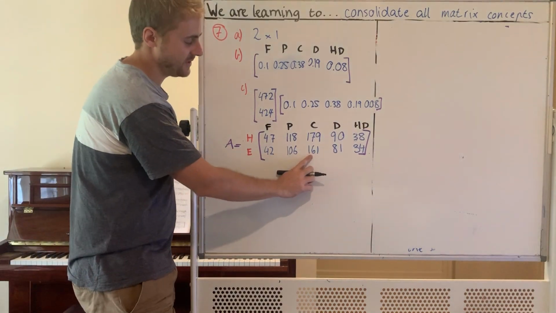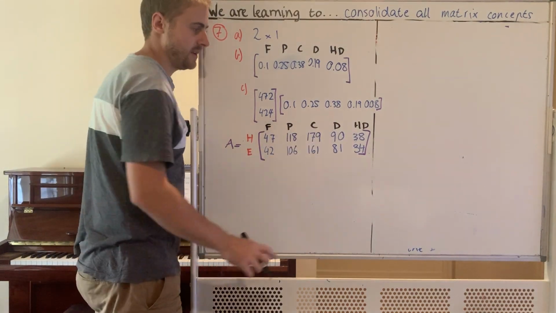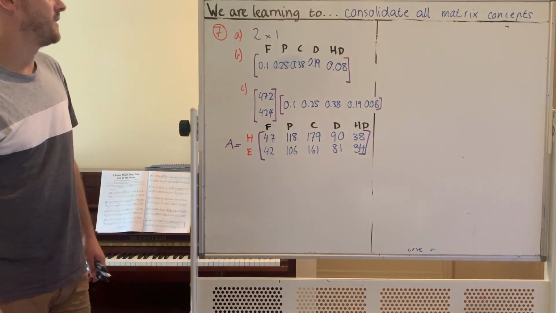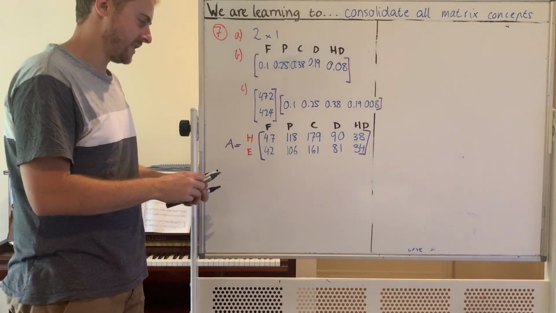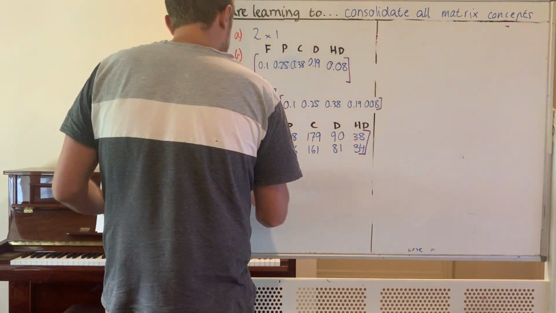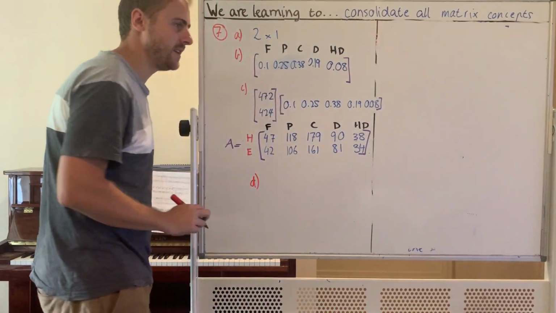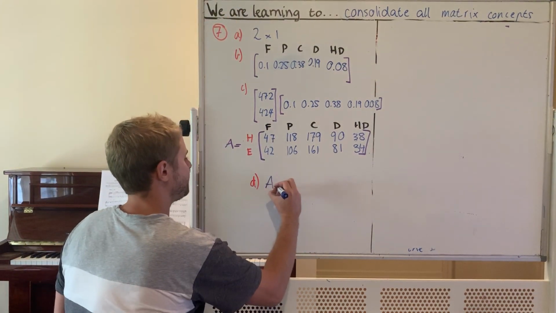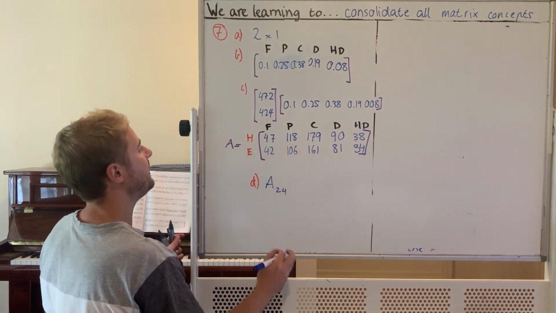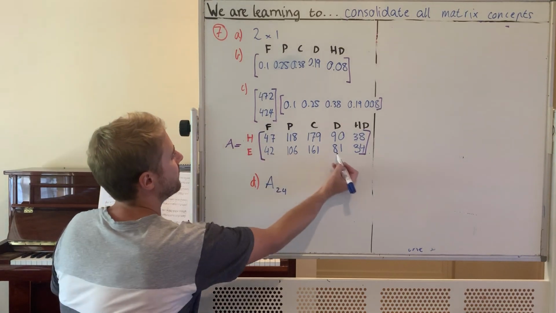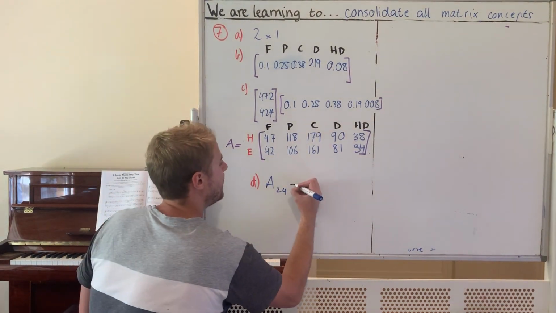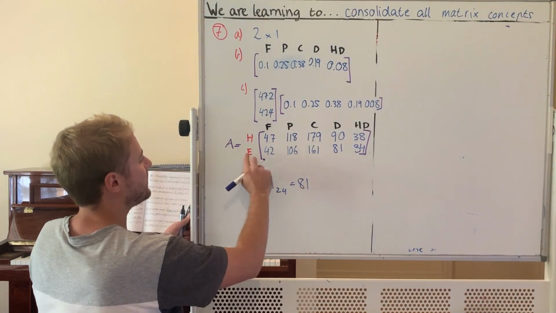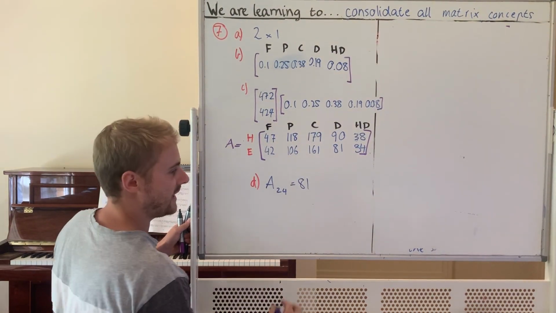So 161 students in economics received a credit. 90 students in history received a distinction. So then question D says, in the context, explain what element A24 means. So A24, this is matrix A, row 2, column 4 is 81, A24 equals 81. 81 students studying economics received a distinction.